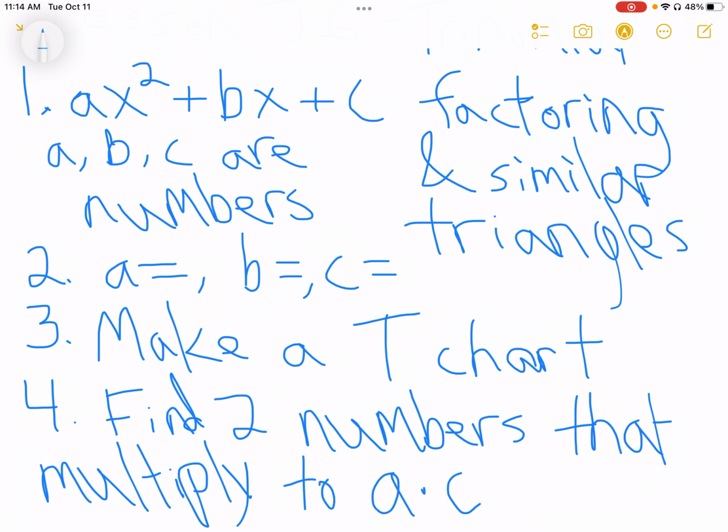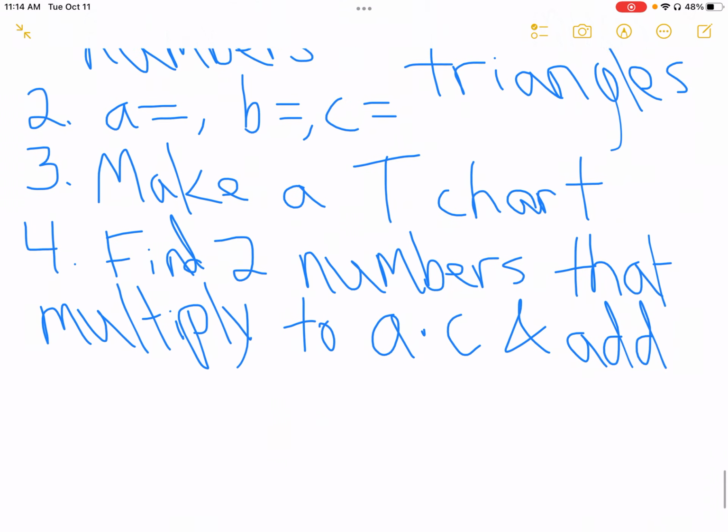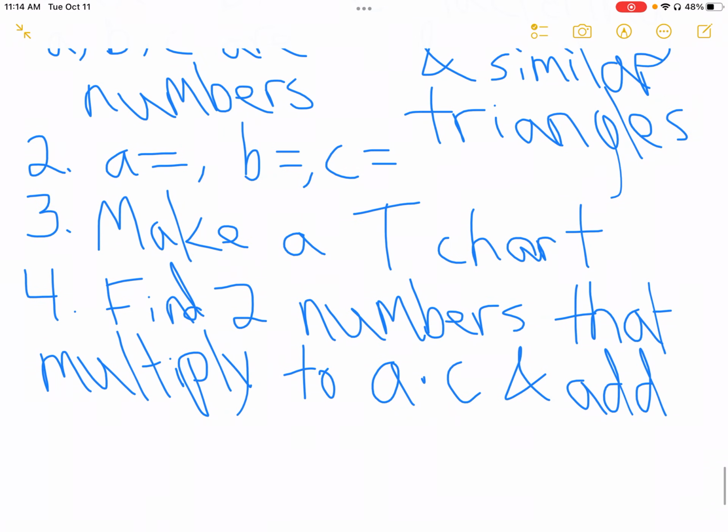Okay, so those numbers we're finding up there multiply to a times c, and they're going to add to that b term up there.